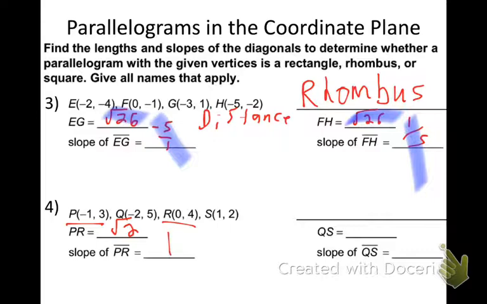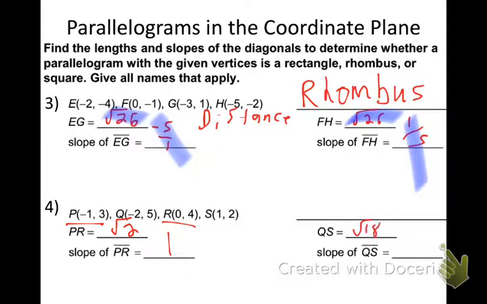And then the distance from Q to S. What's the distance from Q to S, Emily? Q to S is 6, negative 1 squared. The distance. Distance is... Ezra? It is square root of 18.